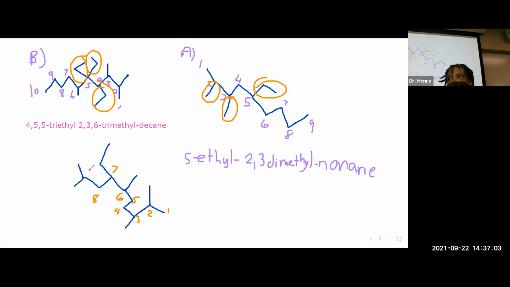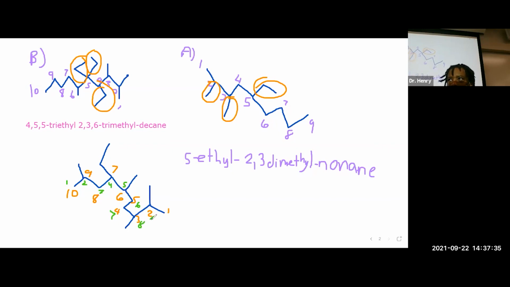8, 9, 10. But if I count it, they're saying if I start it here, let's do that. Put it in green. We'll go 1. This is 2. This is 3. This is 4. This is 5. This is 6. This is 7. This is 8.